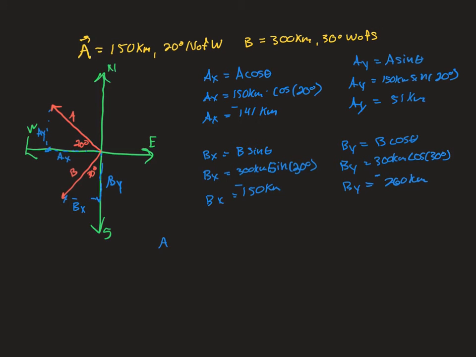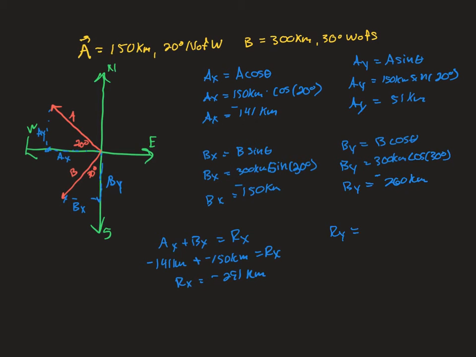So now we're going to take A of x plus B of x, and that's going to equal R of x. So you're going to have a negative 141 kilometers plus a negative 150 kilometers. That's going to equal R of x, so R of x is equal to a negative 291 kilometers.